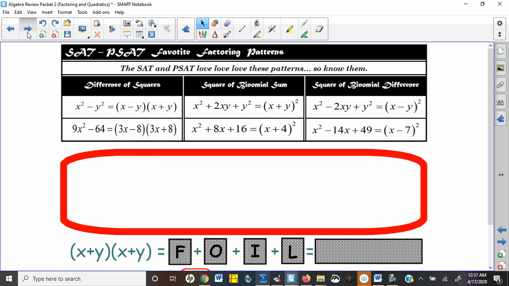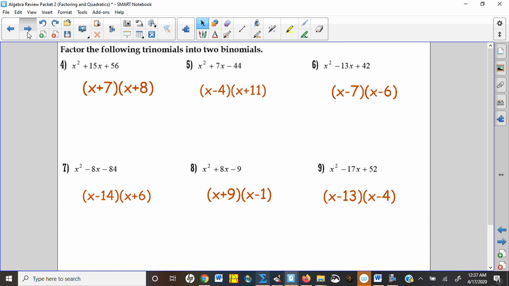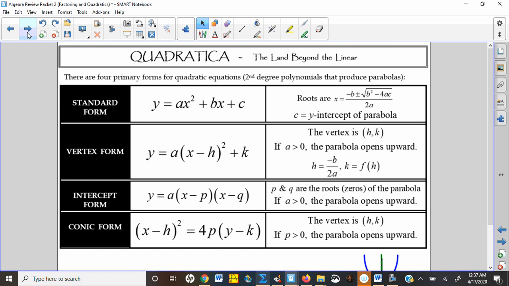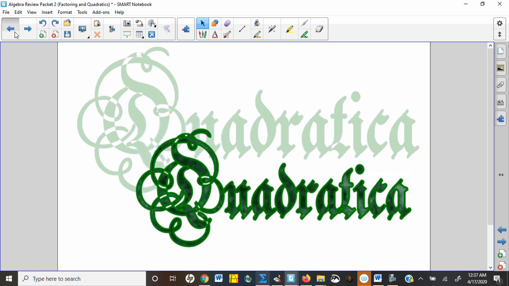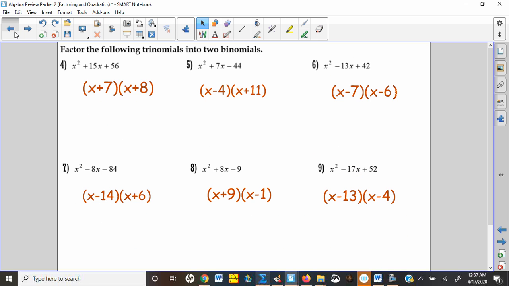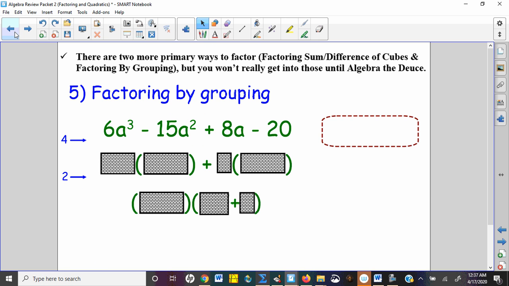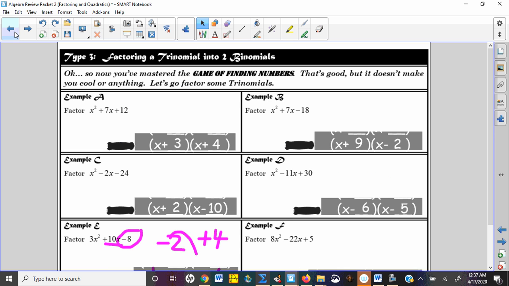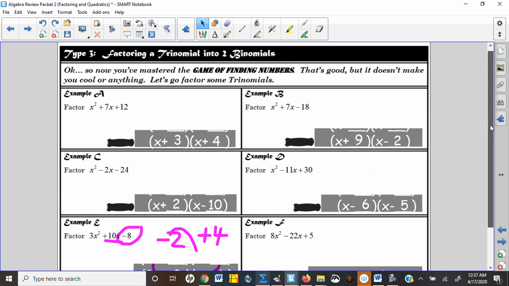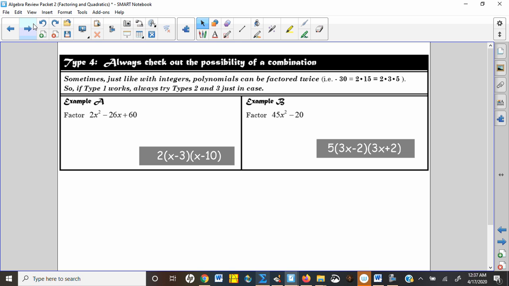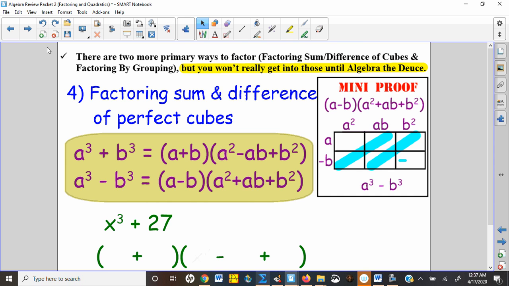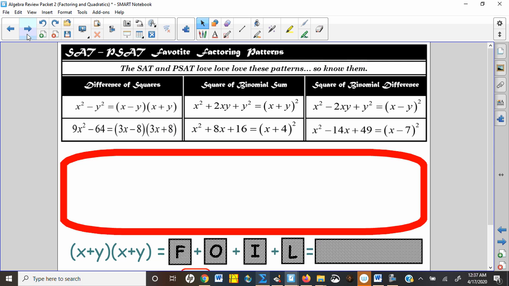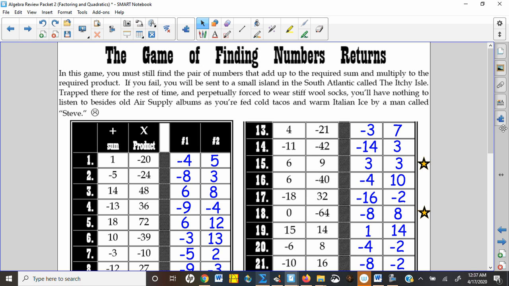It wasn't here, was it? No. I think it might have been on one of these pages. I'll find it for you here pretty soon. There it is. It was on this one.